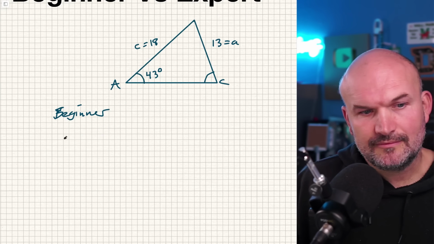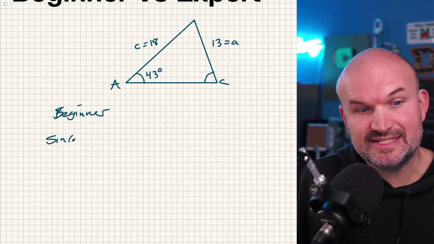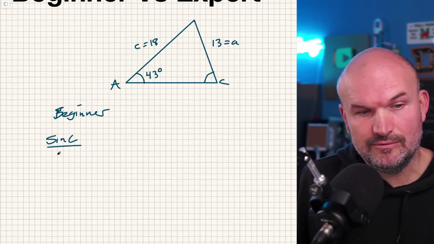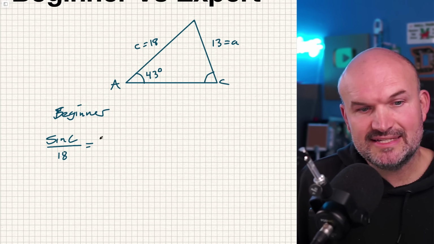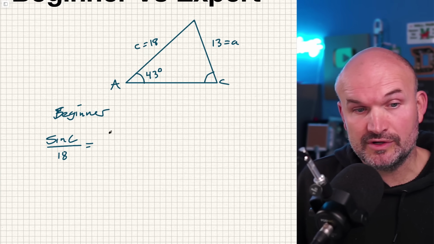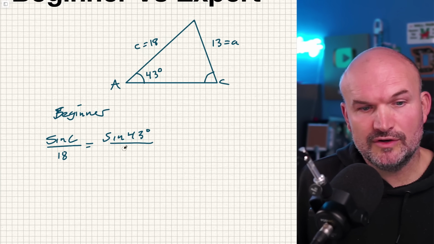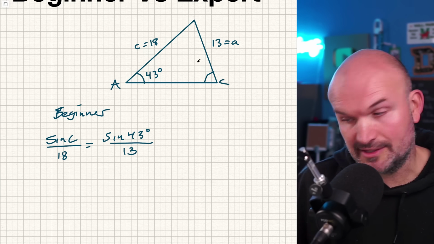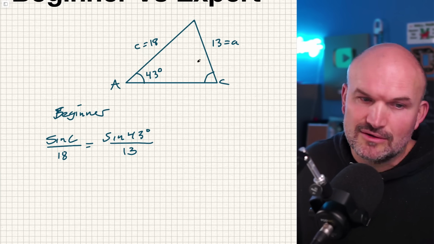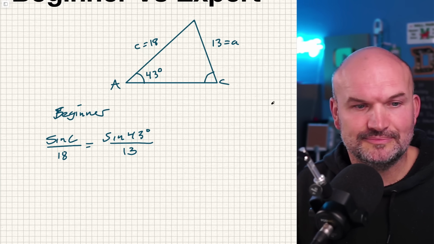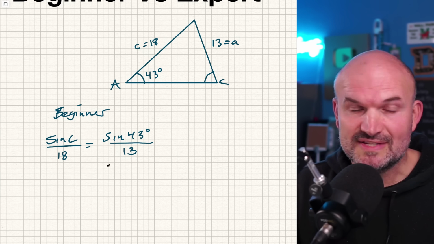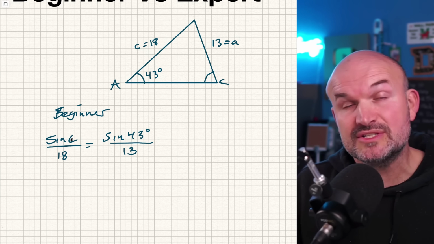Okay. So what we're going to do is write in the sine of C all over side C, which is going to be 18. And that's going to equal the sine of A, which is 43 degrees. So the sine of 43 degrees all over 13, which is its opposing side length. That is going to be from the law of sines. Hopefully you understand at least the law of sines. And now what we need to do is solve for C.